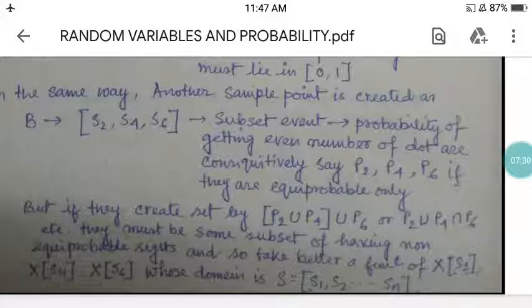So that subset, either it is one individual point, that S1, S2, S3, S4, this can be considered as a subset, or the subset may have more sample points. Suppose S1, S2 and S3, if you are combining these three sample points, we are creating one set inside that capital S. So this is called the subset. So what you have learned, that a subset may have one single point, it may have more than one point, but if it is a subset, it must lie inside the main set. So that main set is called the domain. The domain is called S. Okay, so you have the idea what is a domain, what is a subset.